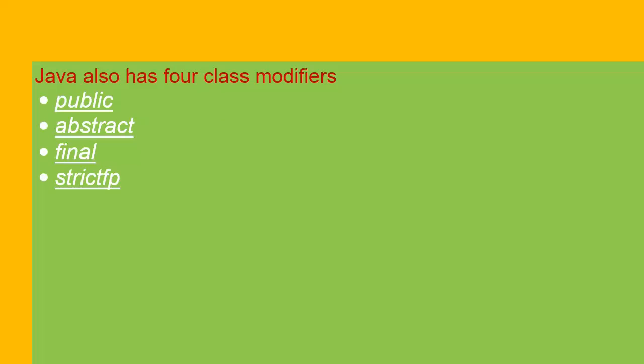The modifier final tells us that this class is final and cannot be further subclassed. Strictfp stands for strict floating point notation. We will discuss all these terms in more detail in our upcoming lectures.